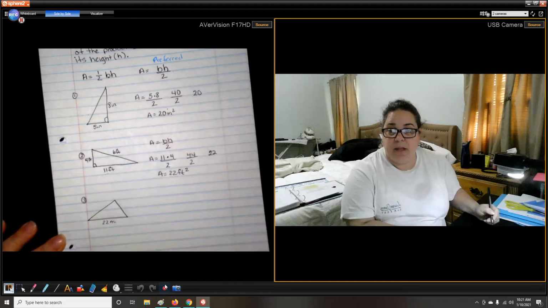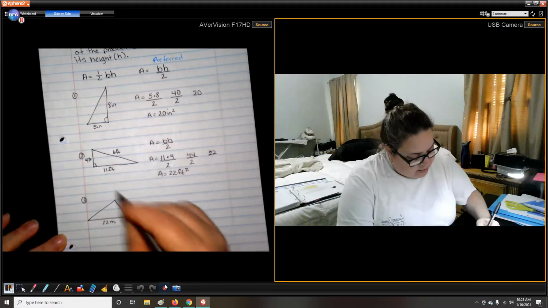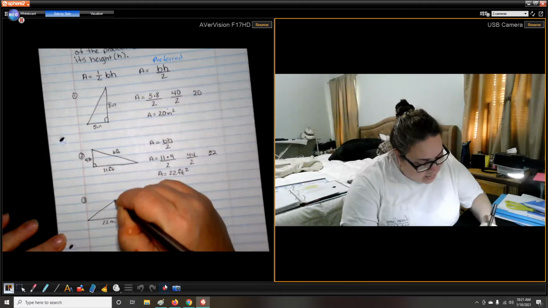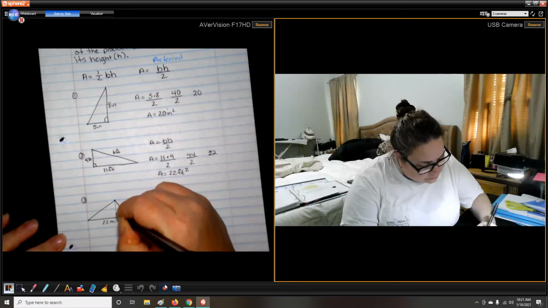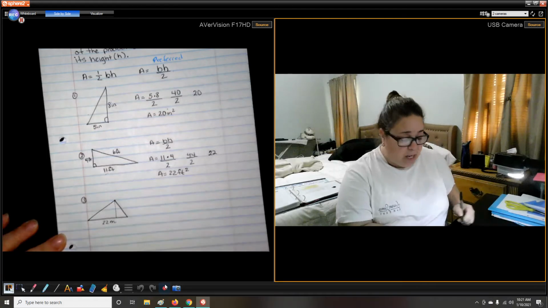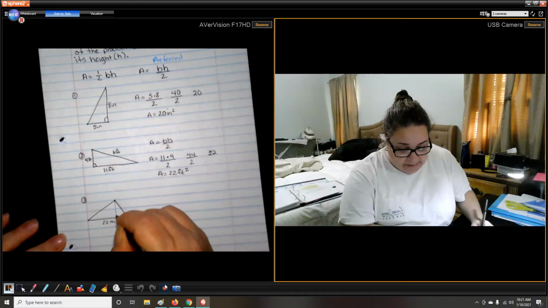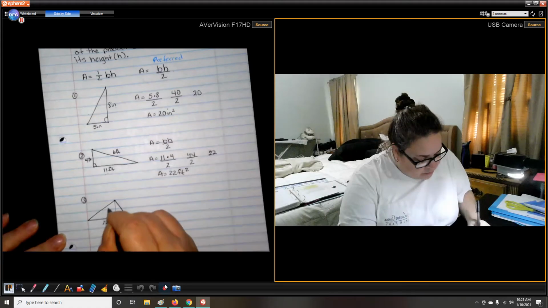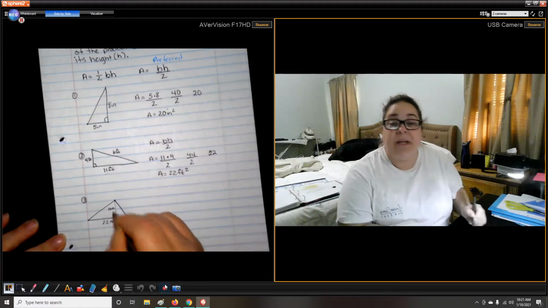All right? And then this right here from my highest point to my base. So this is my highest point, right? That is my height. And that is 10 millimeters. Or, sorry, 10 meters, sorry.